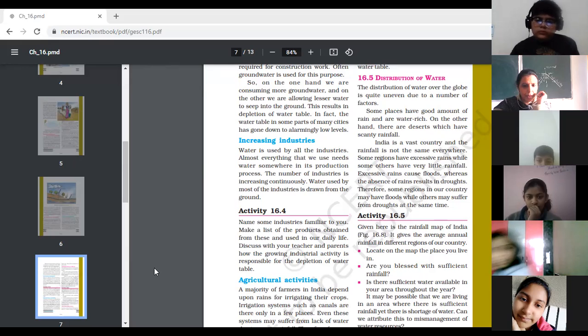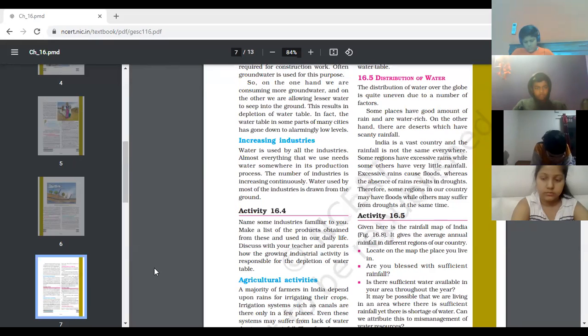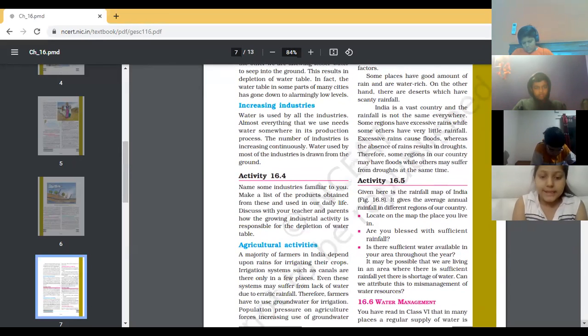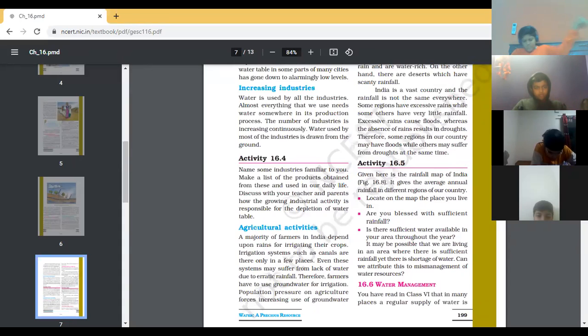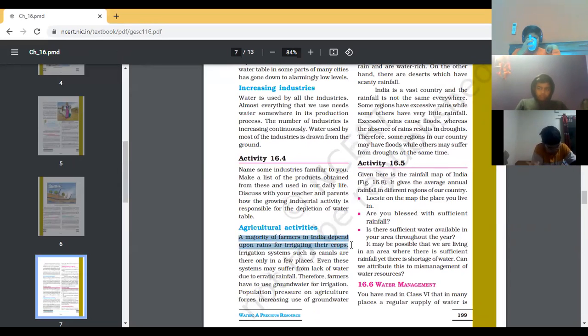Next, Anya, you may continue. Agricultural activities. A majority of farmers in India depend upon rains for irrigating their crops. Irrigation systems such as canals are there only in a few places.